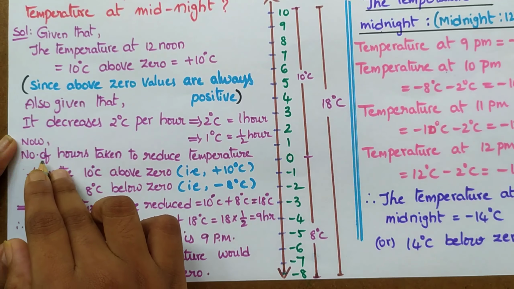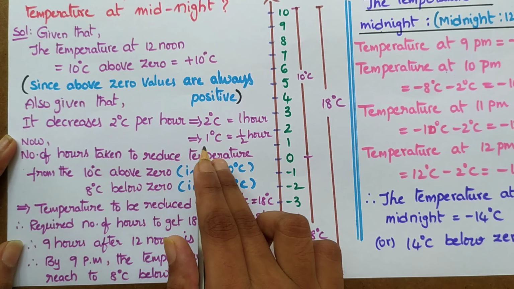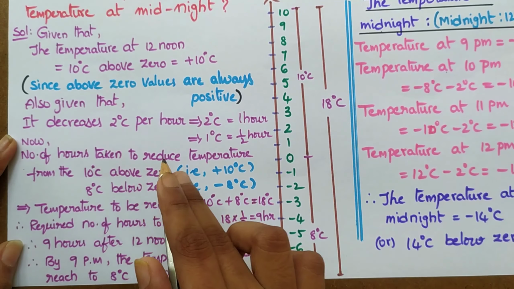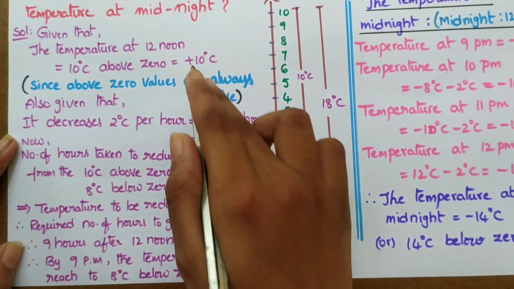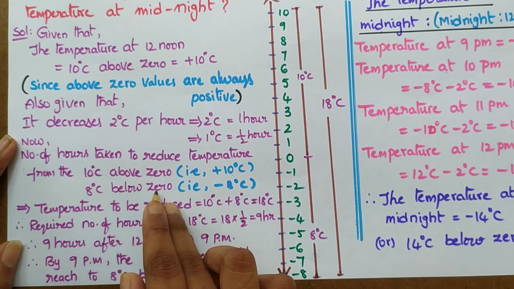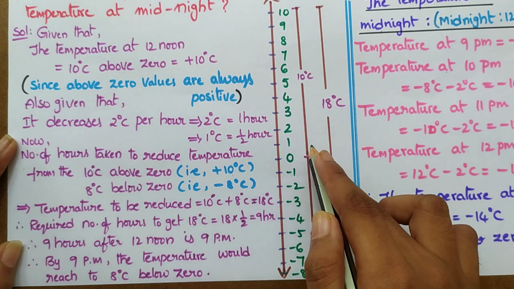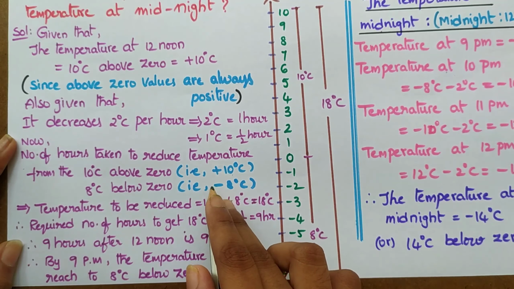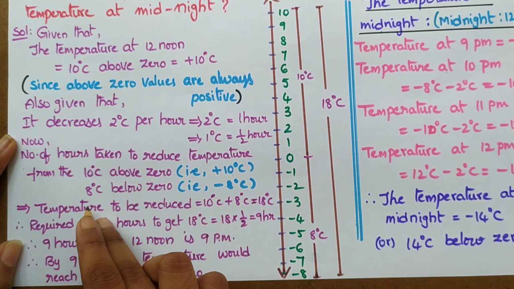Now the number of hours taken to reduce the temperature from 10 degrees Celsius above zero, that is plus 10 degrees Celsius, to 8 degrees Celsius below zero. You all know 8 degrees Celsius below zero is represented by a negative integer, so it is minus 8 degrees Celsius.